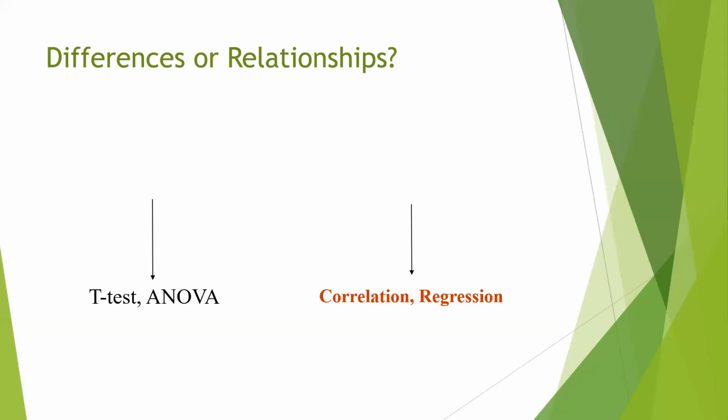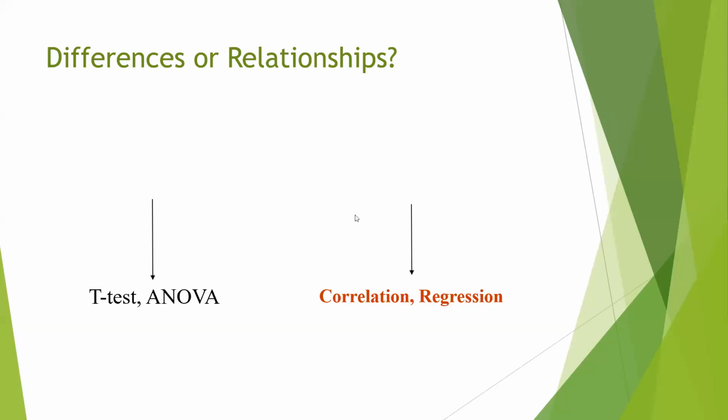When you need to compare two things, you have to find out your objective: to find the differences between two groups or two variables, or the relationship between two variables.